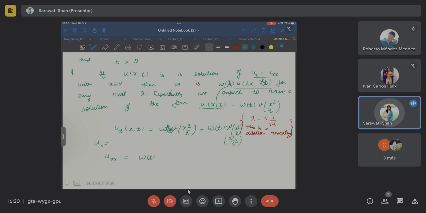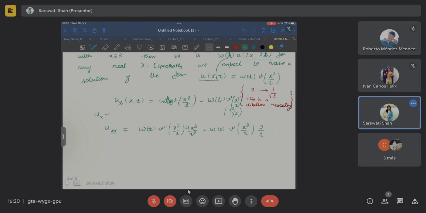So w(t) will be as it is, and v''(x²/t) times 4x² over t² plus w(t) v'(x²/t) times 2 over t.